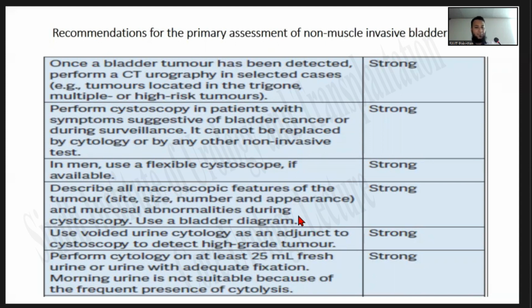Describe all features of the tumor: size, number, appearance and any abnormality. During the cystoscopy, use a bladder diagram. Use voided urine cytology as an adjunct to cystoscopy to detect high-grade tumor. Perform it on at least 25 ml fresh urine or urine with adequate fixation. Morning urine is not suitable because of the frequent presence of cytolysis.